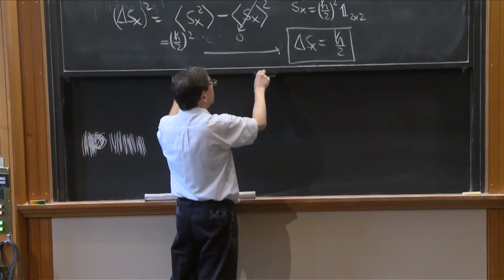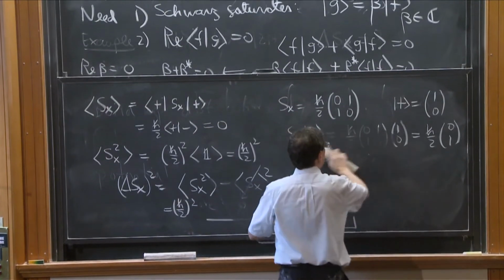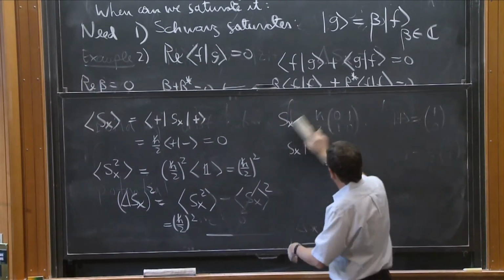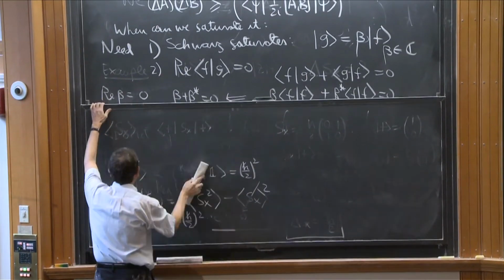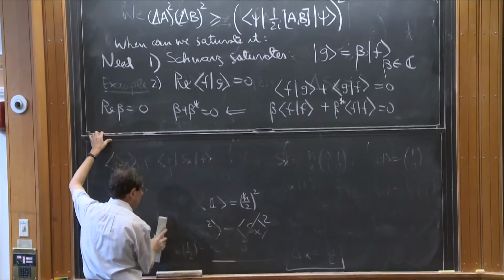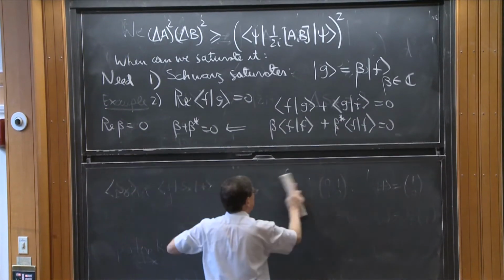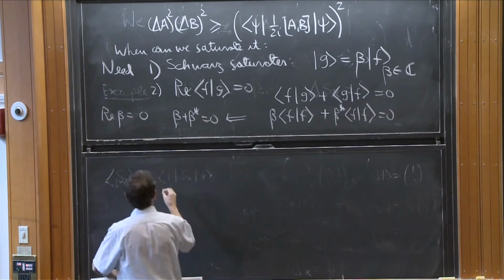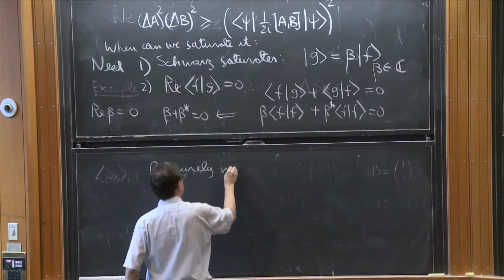So that's it. It's not that bad. You need two things: that the F and G vectors be parallel with a complex constant, but actually that constant must be purely imaginary. So beta is purely imaginary.